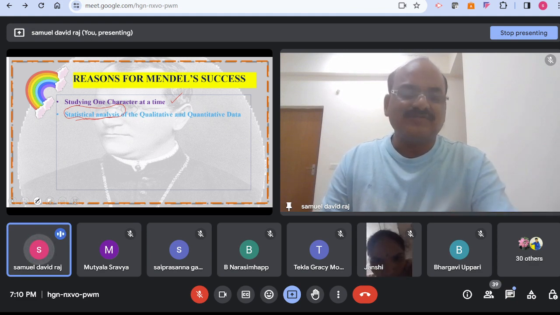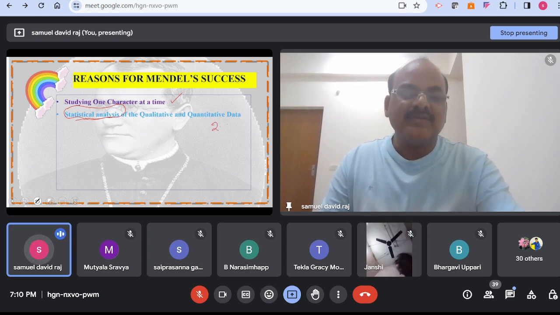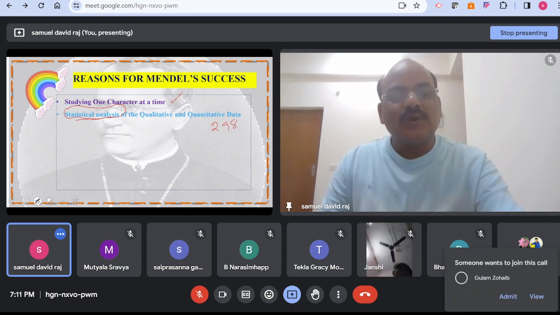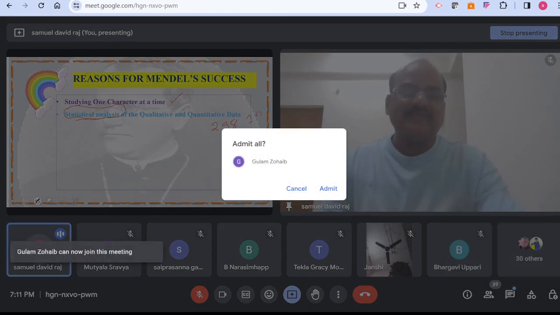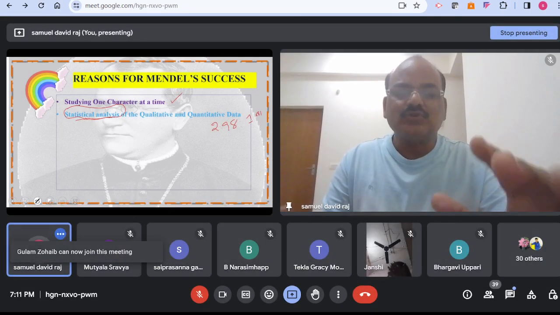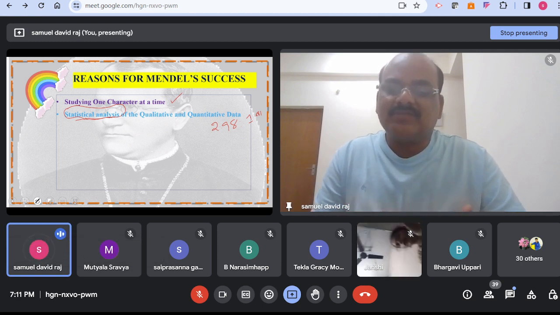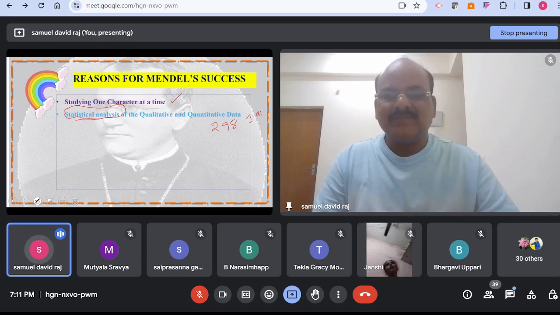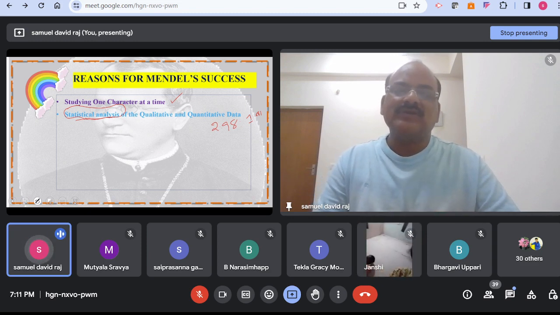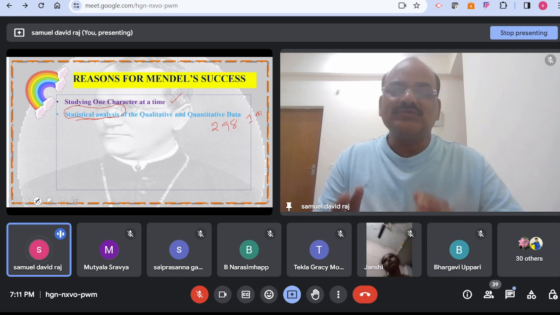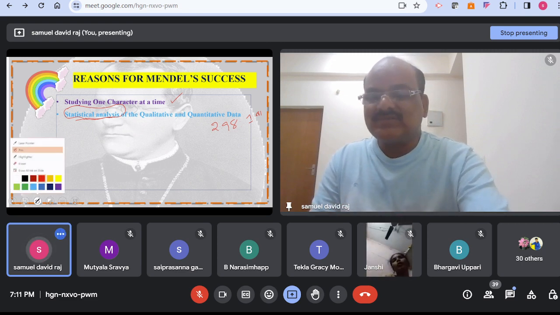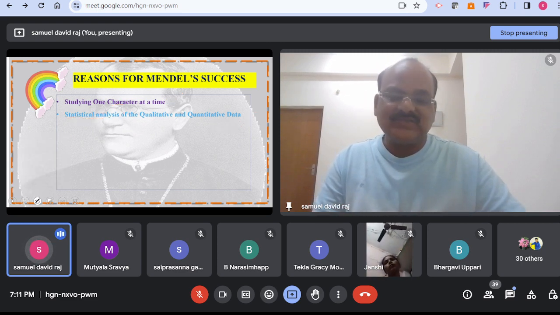As we saw in the previous slides in the last class, he showed ratios like 2.98 to 1.01. That shows how scrupulously he calculated the different kinds of plants produced from the seeds. Because of this, he could come to certain conclusions. This is the second reason for Mendel's success.